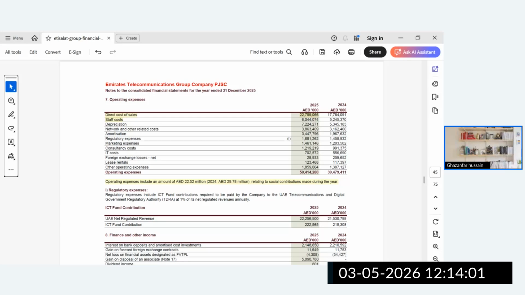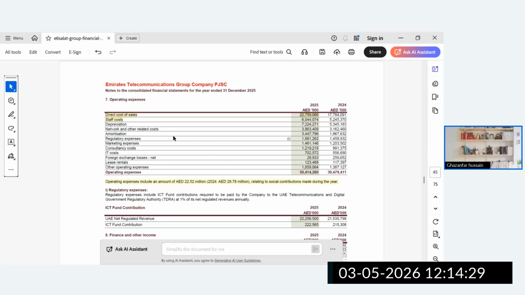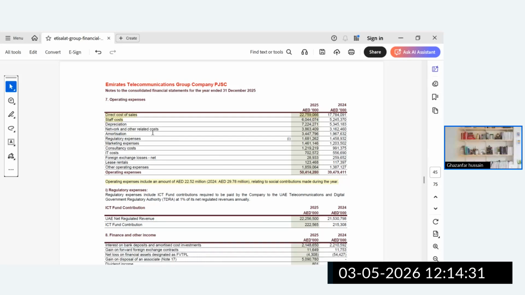If you mention that 7.2 is the salaries and staff cost, and the same for 3.4, it will be easier for the other participants to understand. We're going to see from where the figure is coming, 3.4, and the other figure that is taken.